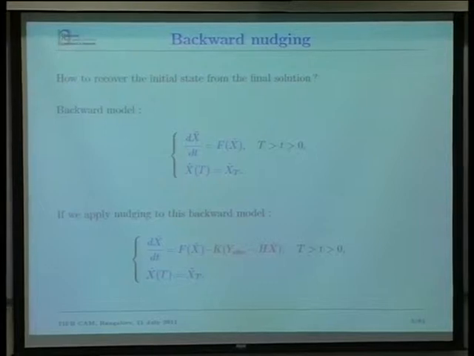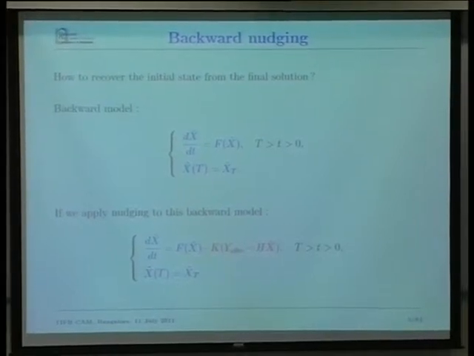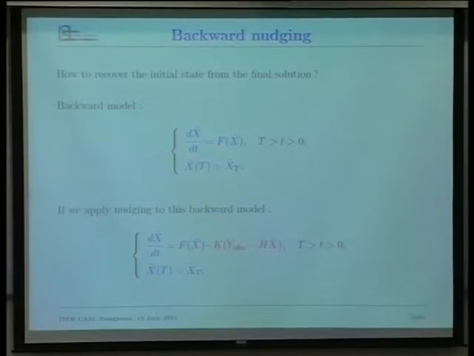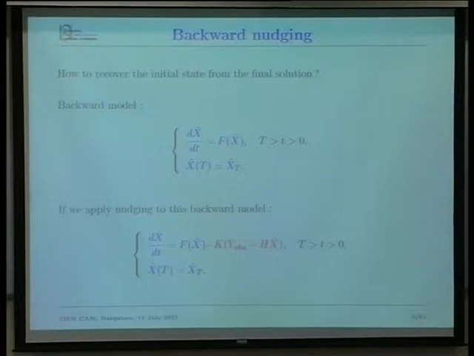For operational data assimilation, you don't have very long assimilation windows. You cannot use maybe a one-month window for weather forecast, and that's probably what you need if you want to make the nudging converge. So when you reach the end of the assimilation window, probably the nudging has not converged.